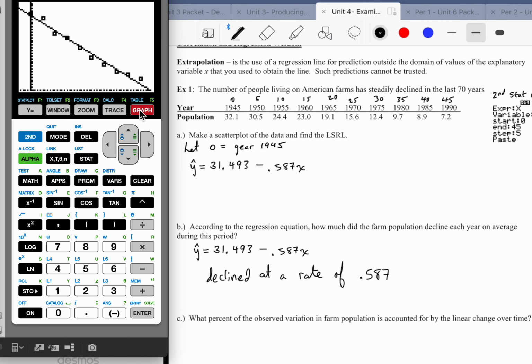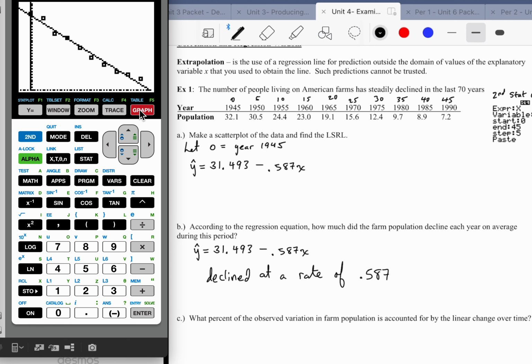Oh, I forgot, little typo here. Honestly, I don't know what the answer is because I can't remember. But obviously, the population wasn't 32.1 people. So it was either in thousands or in millions or something like that. Something I lost in the shuffle here, so that's a typo for somebody.